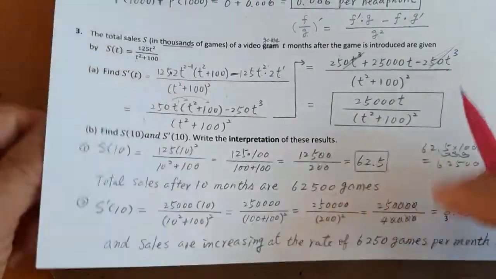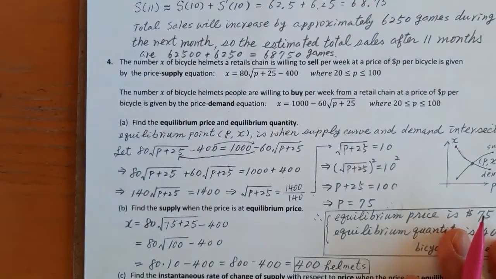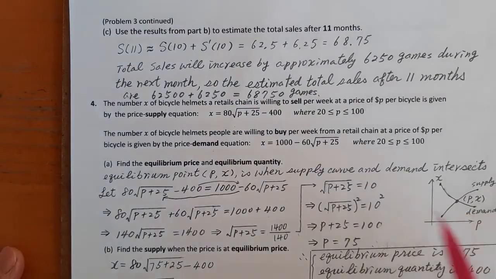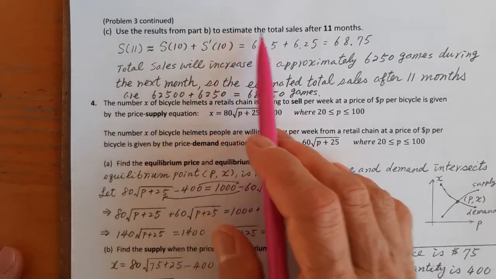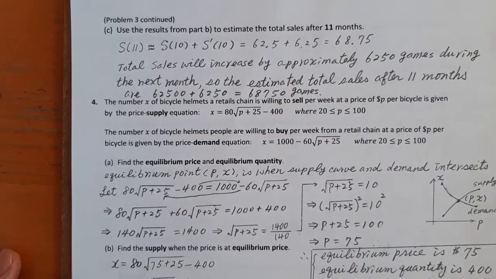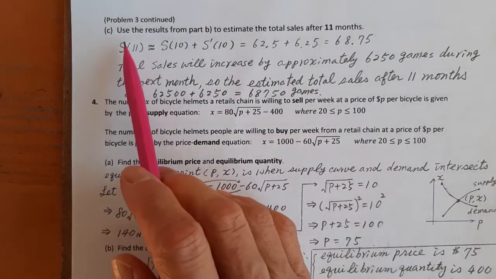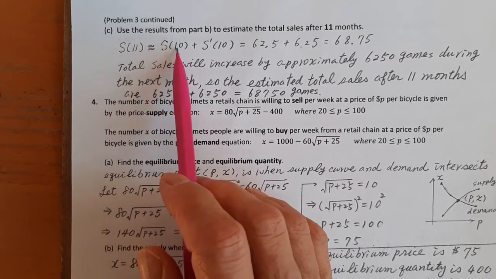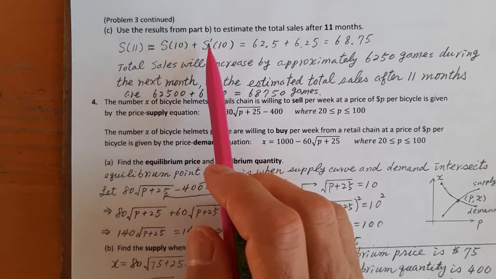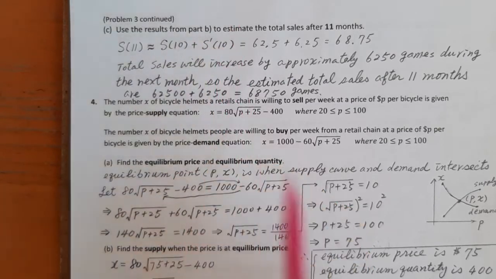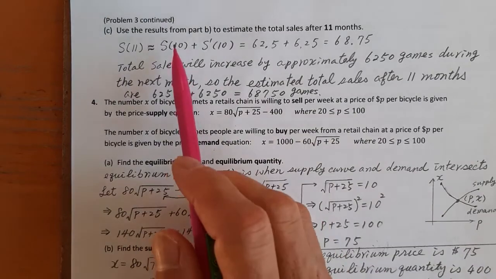Then next one: use the results from part B to estimate the total sales after 11 months. So S of 11 approximately equals sales after 10 months, add the increase by S prime of 10, the rate.